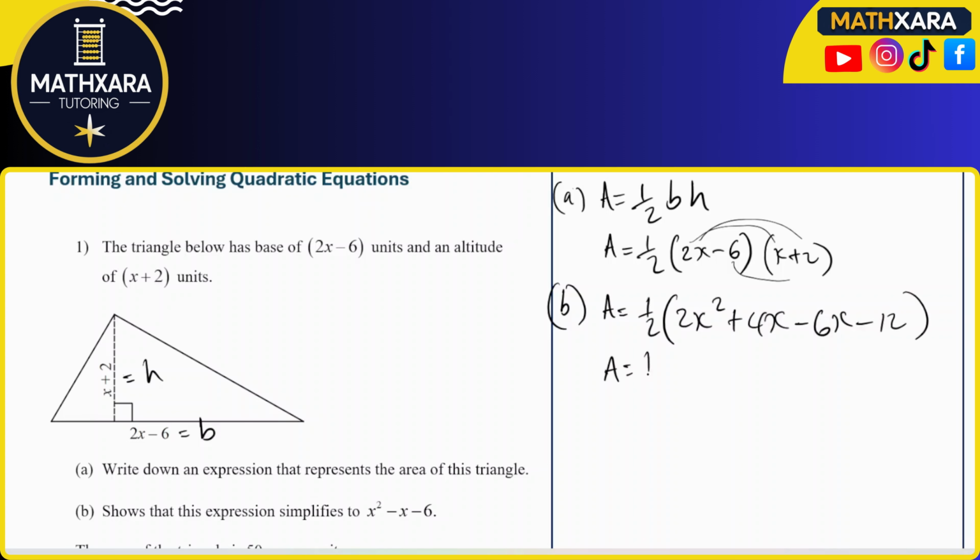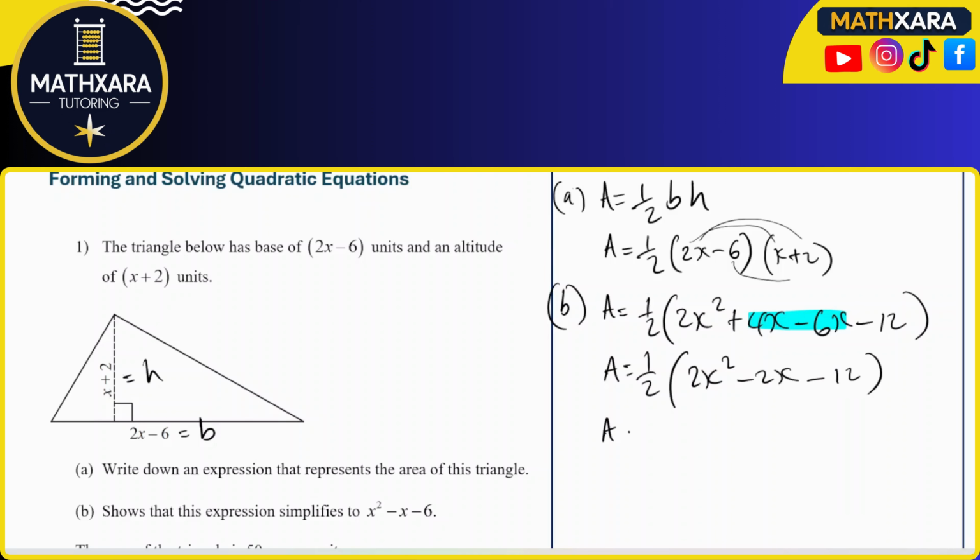Let's simplify further. Let's keep our 1/2 outside. Now our two like terms would be our terms in the middle, which are our x terms. So we have 2x squared, 4x minus 6x, that's just negative 2x. The negative 12 stays.